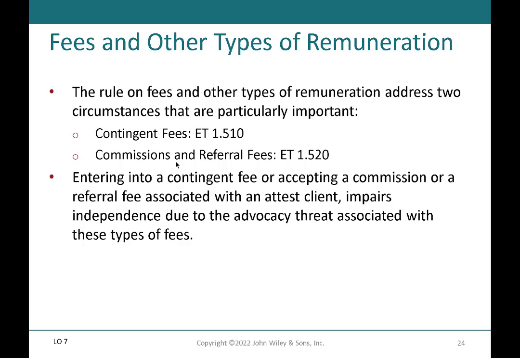An example of this would be the audit client saying, all right, we're going to pay you $100,000 to perform this audit, and if our stock price goes up 20% in the year after the audit report's filed, you're going to get an extra $50,000 bonus. Something like that could obviously lead to issues with objectivity on the CPA's part.